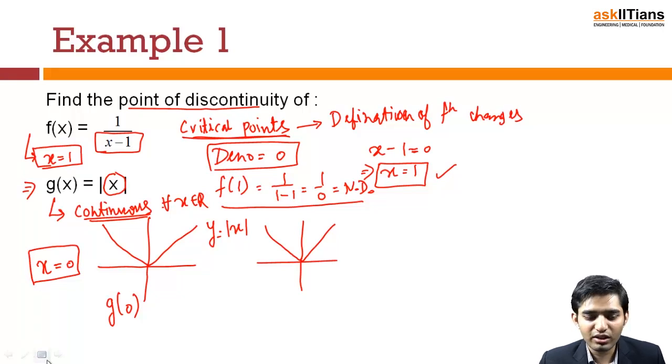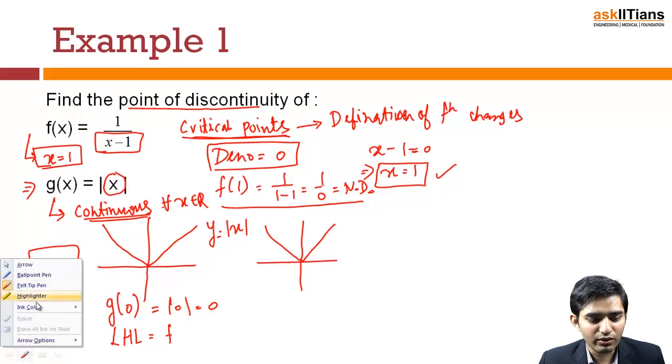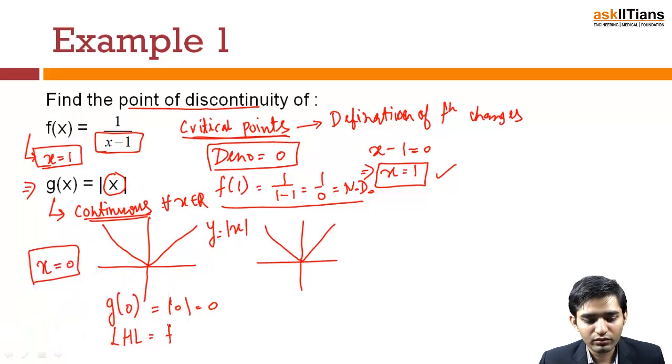What is g of 0? Now we will check at the critical point whether the function is continuous or not. So g of 0 is mod of 0, which is nothing but 0. Now check the limit. LHL will be g of 0 minus, which is mod of 0 minus, which will be again 0.